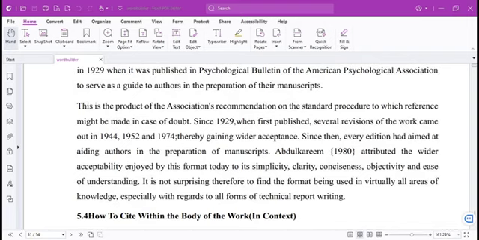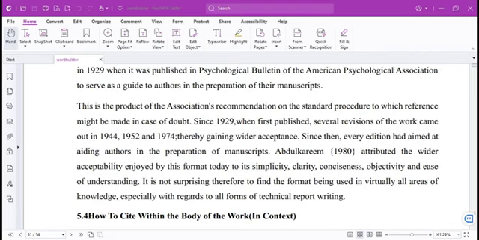This is the product of the association's recommendation on the standard procedure to which reference might be made in case of doubt. Since 1929, when first published, several revisions of the work came out in 1944, 1952, and 1974, thereby gaining wider acceptance. Since then, every edition had aimed at aiding authors in the preparation of manuscripts.